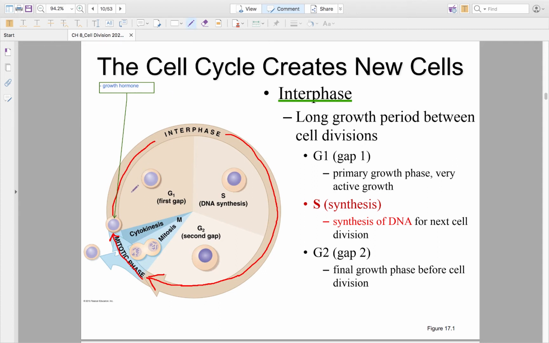It will enter the first part of the cell cycle, which is called the G1 phase. What happens during this phase? Well, the cell's going to have to grow. During the G1 phase, the cell is growing in size. So the plasma membrane is growing. Let's see, I'm going to add some things to this list here. Let's move this down.